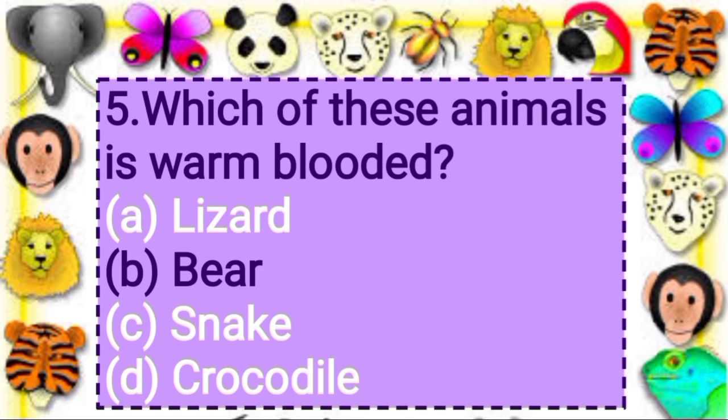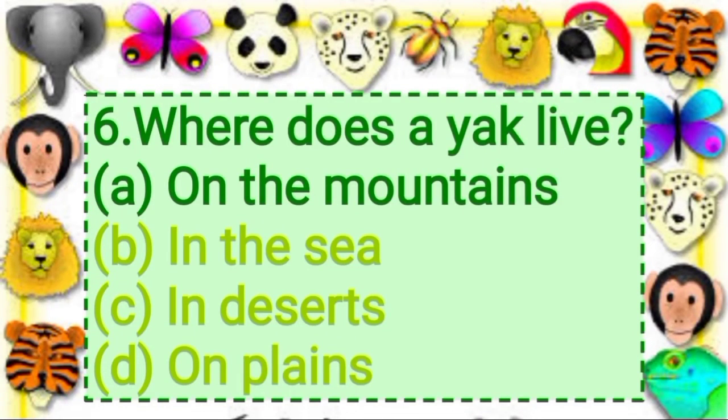So as you know, lizard, snake and crocodile are reptiles, which are cold-blooded animals, while option B, bear, is a warm-blooded animal.